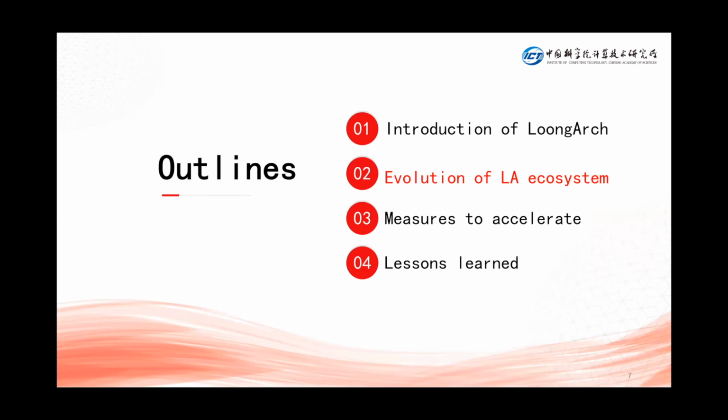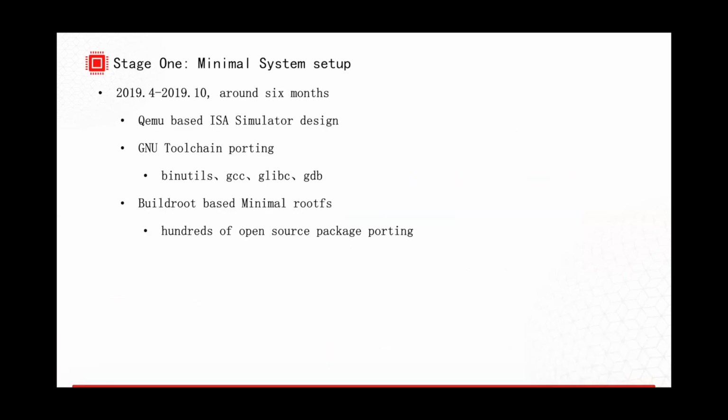And next, the evolution of its ecosystem. It can be divided into 4 stages roughly. The first stage is to set up the minimal system. In my memory, the timing might not be very exact. Maybe I am too old to be exact.